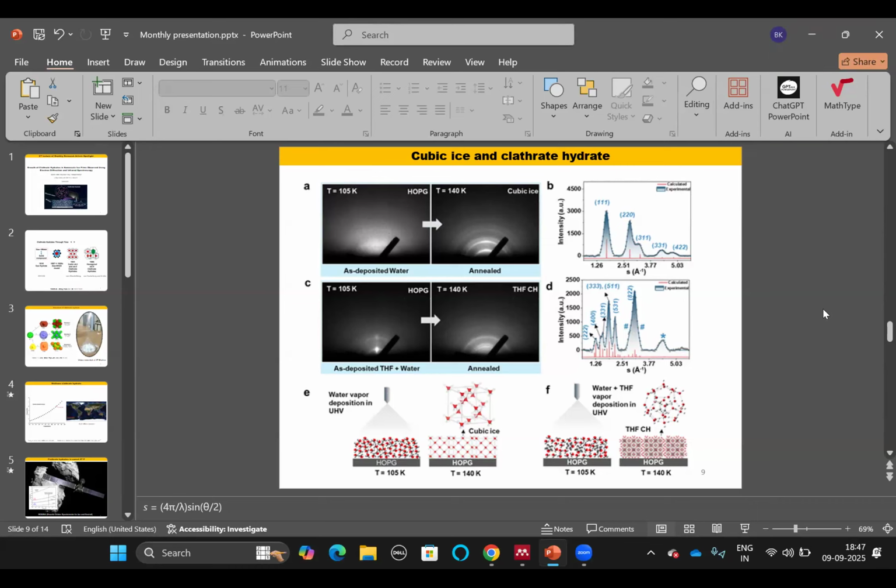It gives you properties. What is the compressibility of this? The molecular property is one thing. What would be the solid state property of this? Now, which solid state property will be of relevance? That's also an important question.